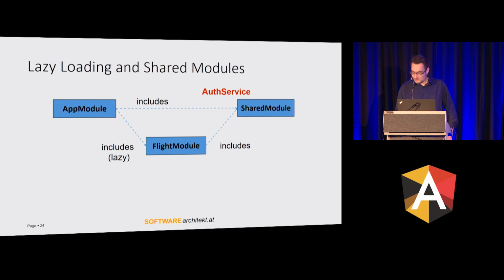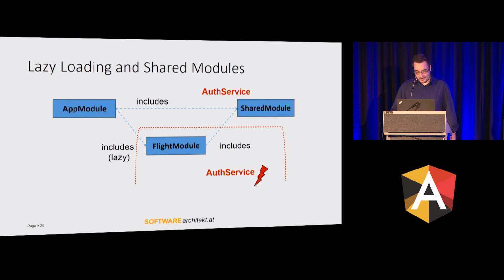What is the reason behind this? The reason behind this has to do with our current module structure. When we look at our module structure, we're seeing that both the app module as well as the lazily loaded flight module are including the shared module. And the shared module is just providing an auth service that knows the current username.